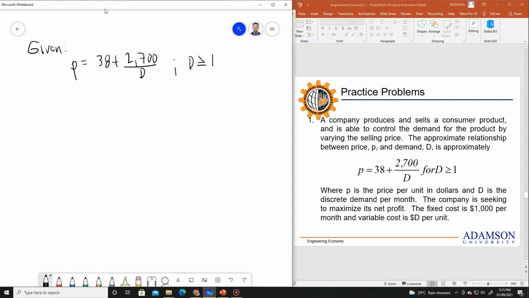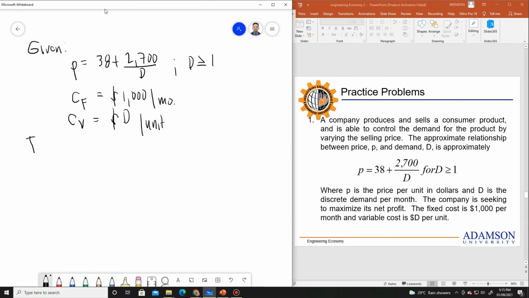P is the selling price per unit in dollars and D here is the demand per month in units. Other given are the fixed cost, which is equal to $1,000 per month, and the variable cost, $D per unit.